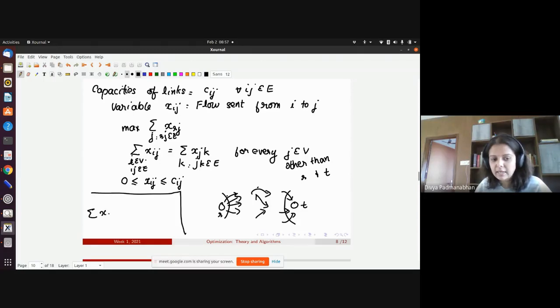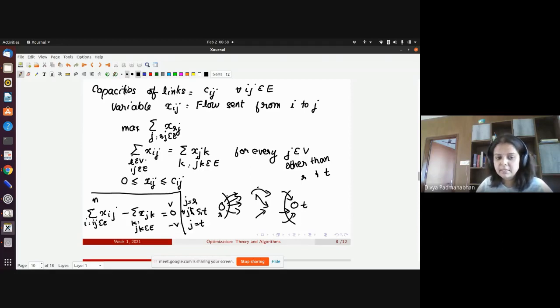So x_ij, for all ij in E, minus x_jk for all k such that jk is in E, is equal to 0 for every j not in {S, T}, and it's equal to some element, say V, for j equals S, and minus V for j equals T.